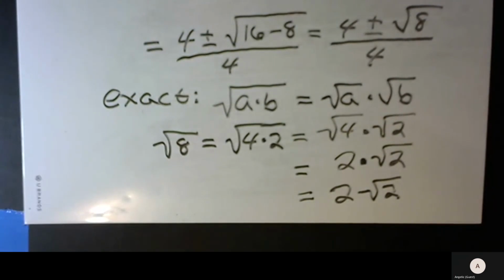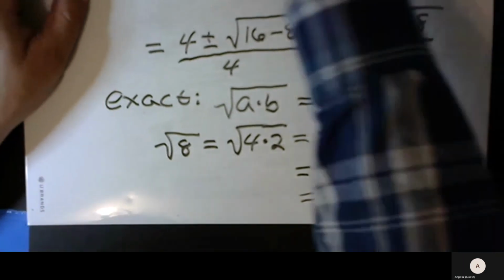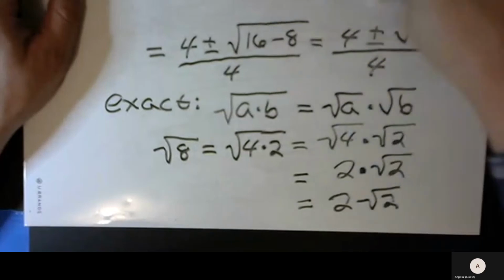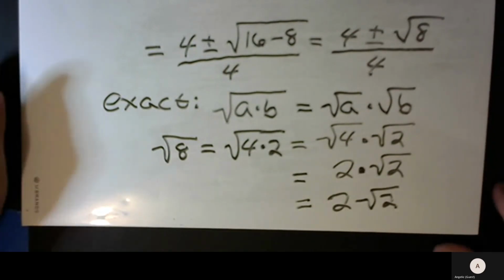So this is the exact answer. Now, next what we're going to do is go back up to our original problem with this exact answer. And again, if I'm going too fast, let me know.